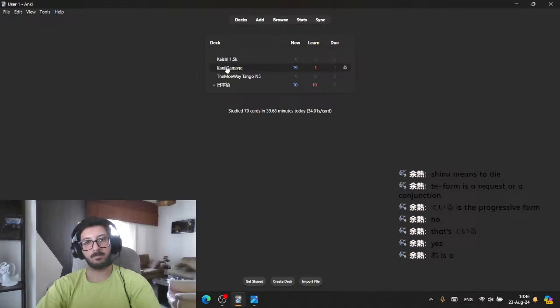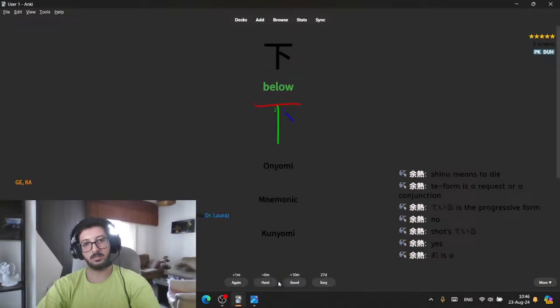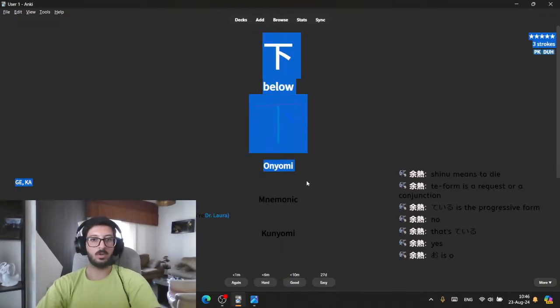E. Geka. Shita. Chika. Tetsu. Chikatetsu. Below.